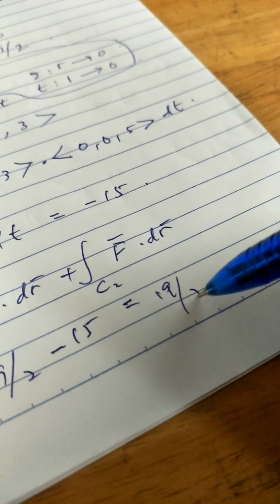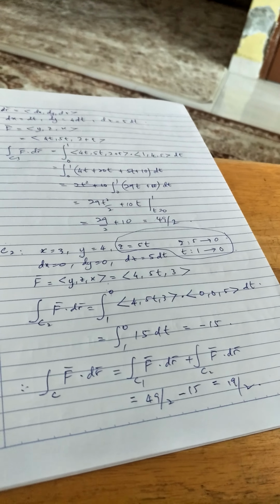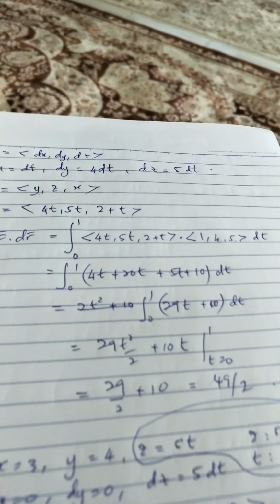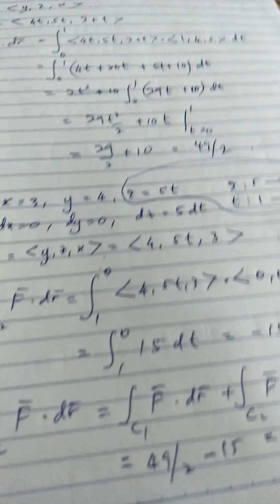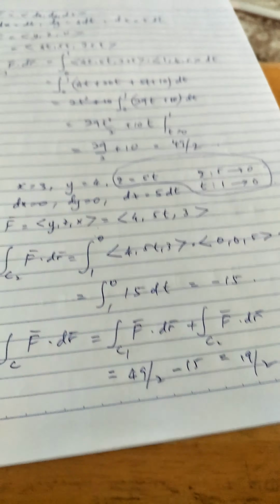So whatever value is here, this is 19 over 2. So I hope you can understand that. Can you see this thing? That the first part, and that the second part. Okay.